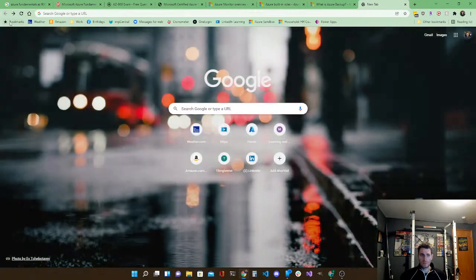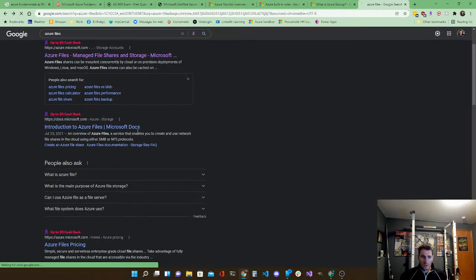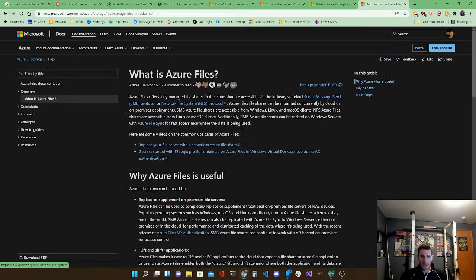I can keep going back. Azure Files offers fully managed file shares in the cloud. How is this any different than just Azure storage? Azure file shares can be mounted concurrently by cloud or on-premises deployments.